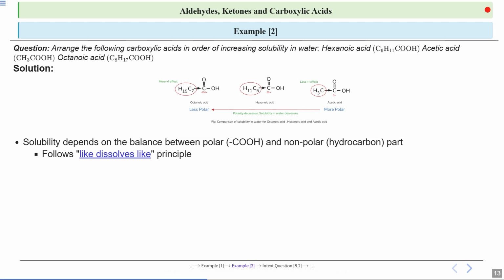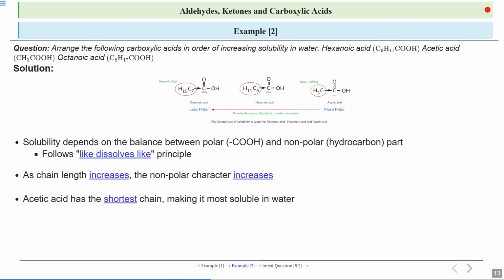Like dissolves like means polar solutes dissolve well in polar solvents. As the chain length increases, the non-polar character of the molecule also increases. This means the longer chains are less soluble in water because the non-polar part dominates, and it reduces the interaction with water.